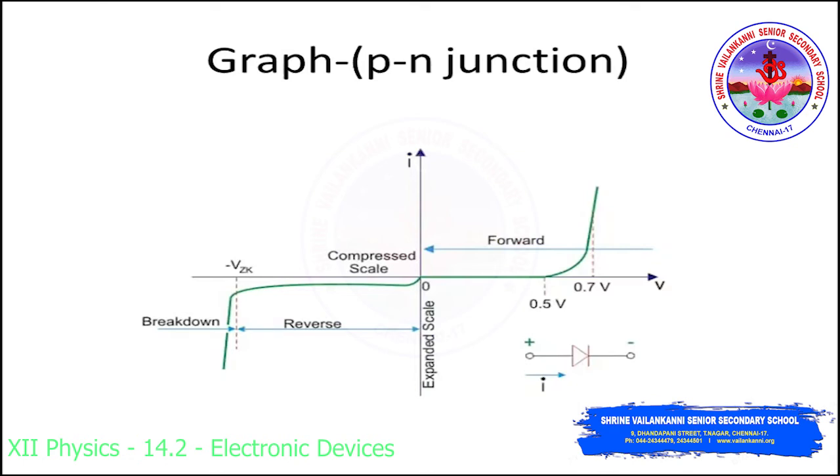Until this voltage, the depletion layer plays a dominant role, right? After the cut-in or threshold voltage, the diode current increases rapidly even for a very small increase in the diode bias voltage. The resistance across the junction becomes quite low. These are all the things for the forward bias, right?